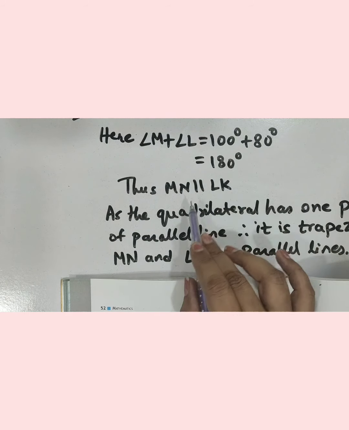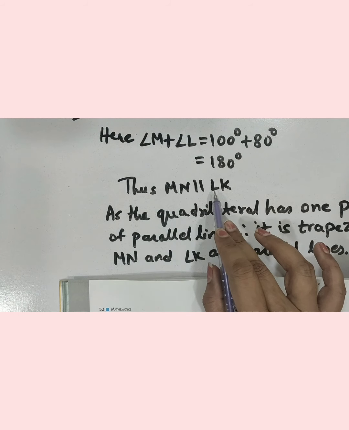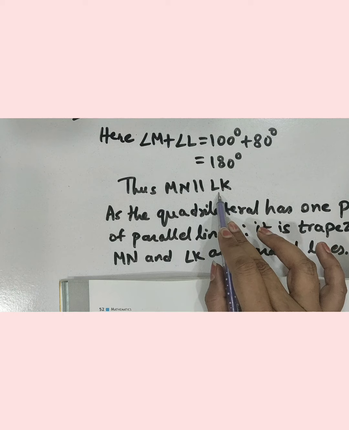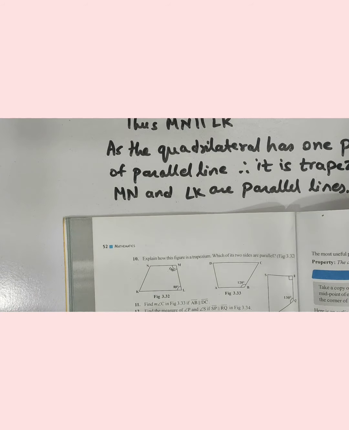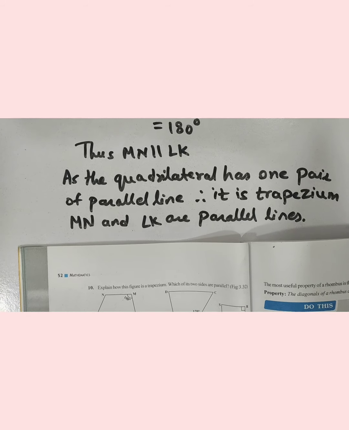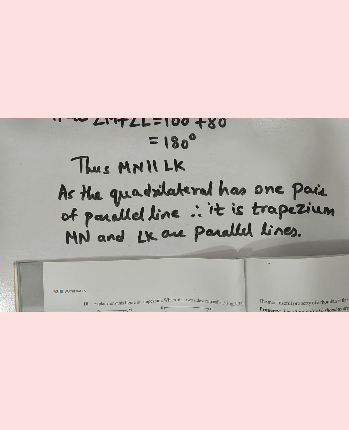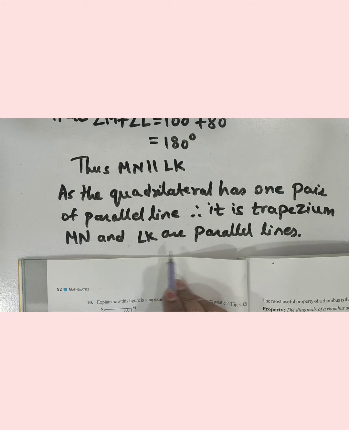So I can say that line MN, or I can write NM also, and LK, or I can write KL also, these two lines in the figure, they are parallel to each other. So as there is only one pair of parallel lines, it is forming a trapezium, and MN and LK are the parallel lines.